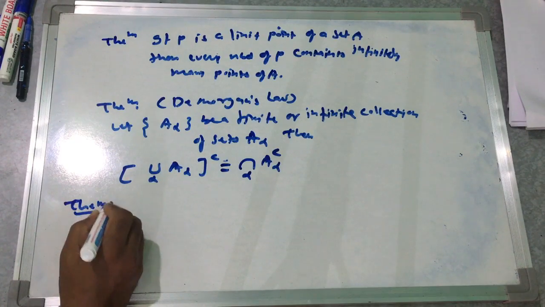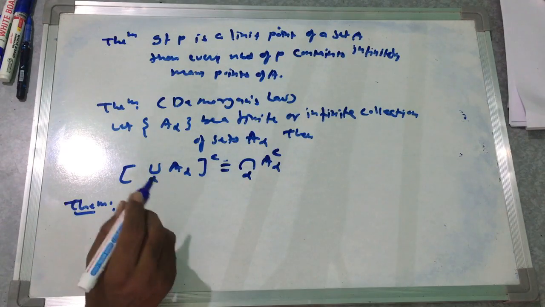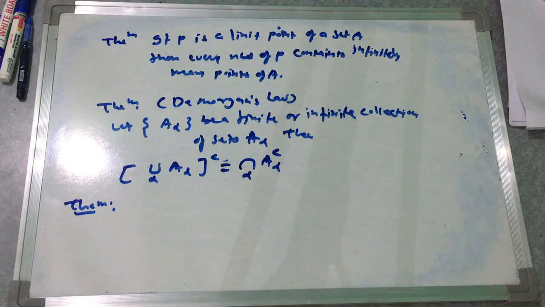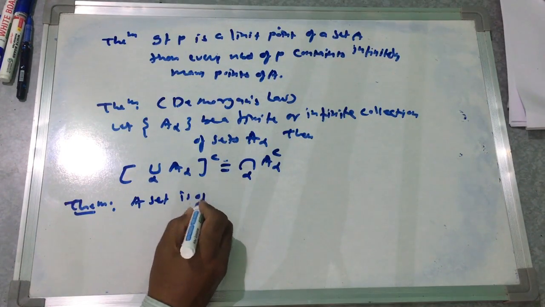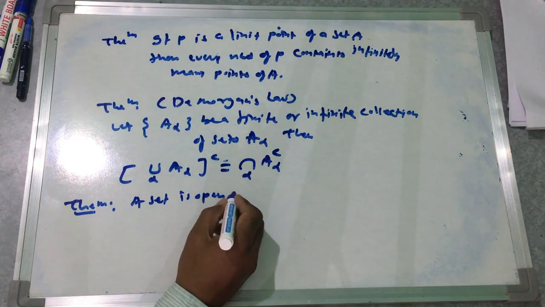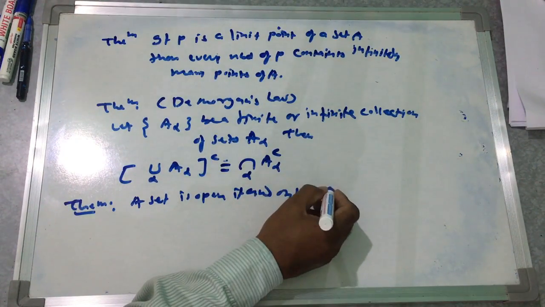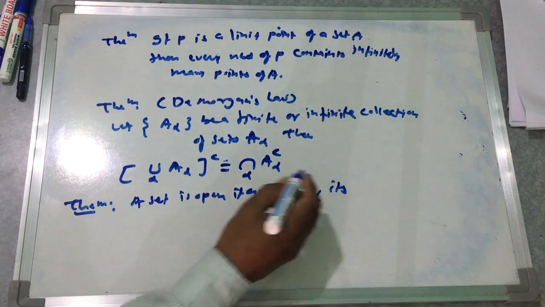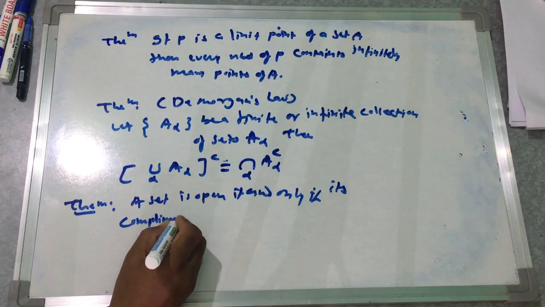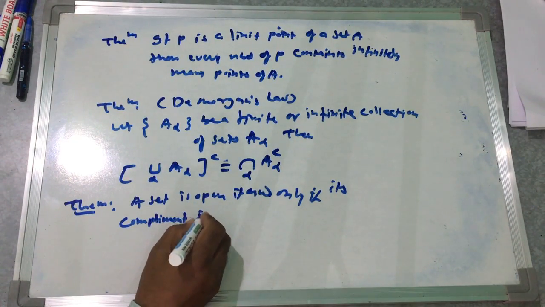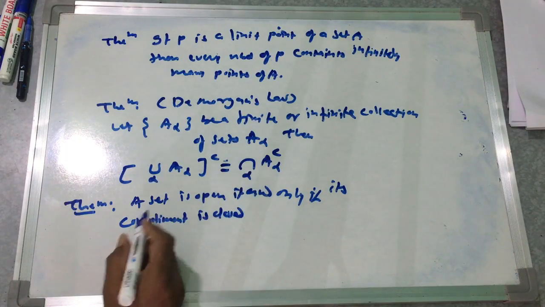A set is open if and only if its complement is closed. Set is open if and only if its complement is closed.